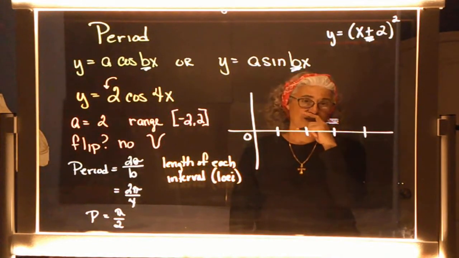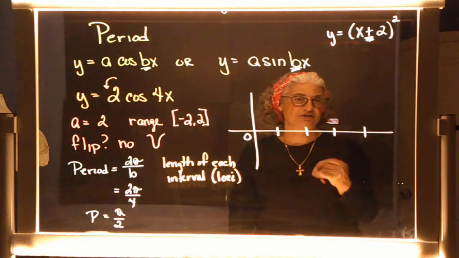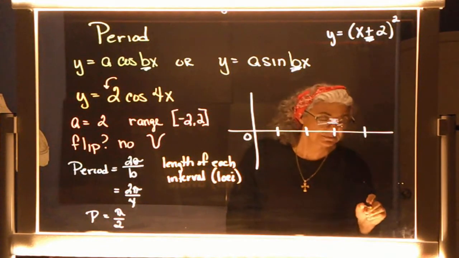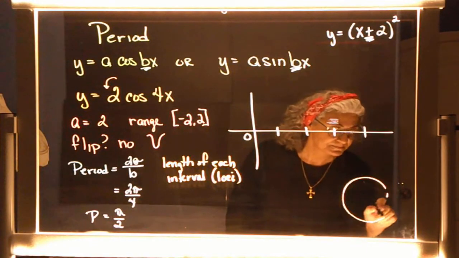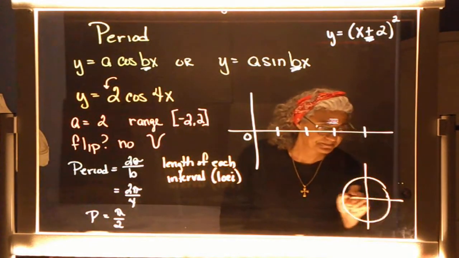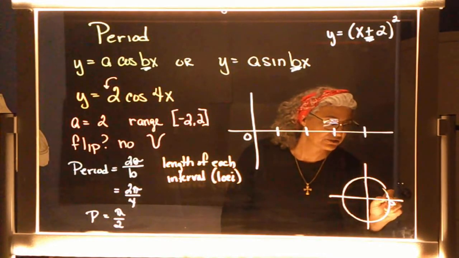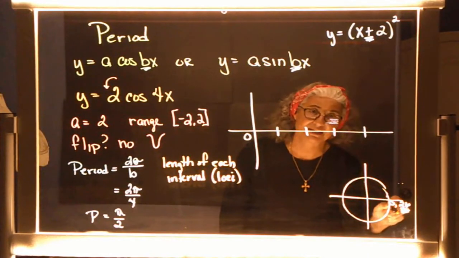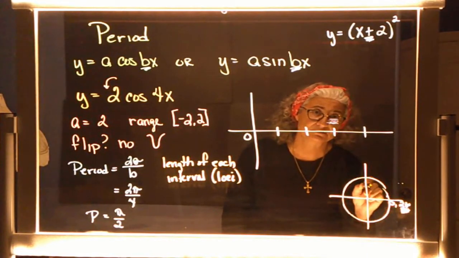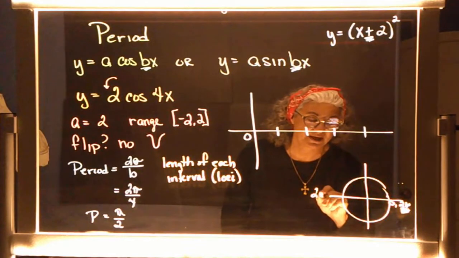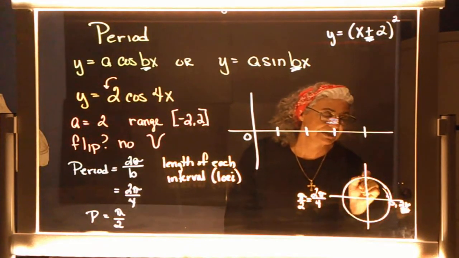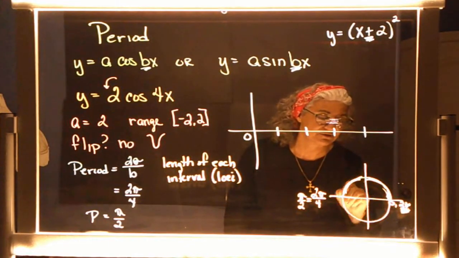Now, here's how I'm going to get you to understand what the length of each interval is, or how to find it. In my typical circle, I have 4 quadrants, right? We start at 0 radians, we end at 2 pi. 2 pi is the length in radians of 1 full circle. If I take 2 pi and divide it by the 4 quadrants, I get pi over 2, don't I? Isn't the length of each quadrant pi over 2?